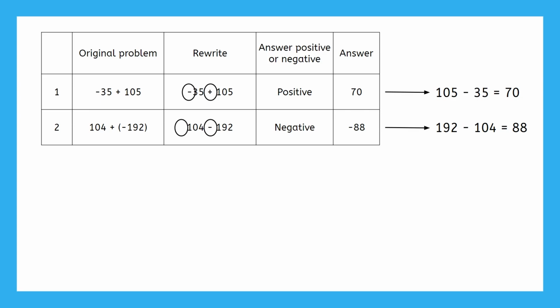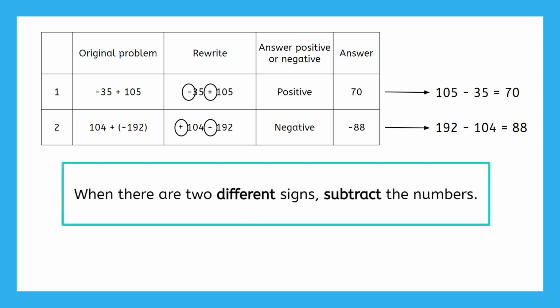You might be thinking, well, 104 minus 192 only has one sign, a minus sign, but we can think of positive numbers as having an invisible plus sign in front of them, like this. So in this case, we do have two different signs. When there are two different signs, we subtract the numbers to find how far the answer is from 0, then use our number sense to compare the numbers and figure out if the answer will be positive or negative.